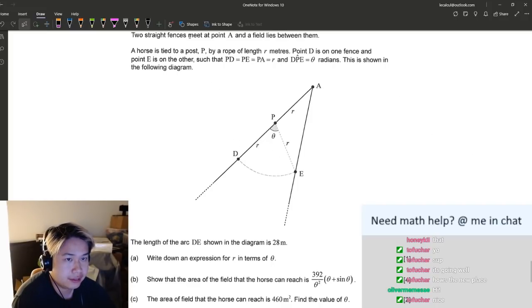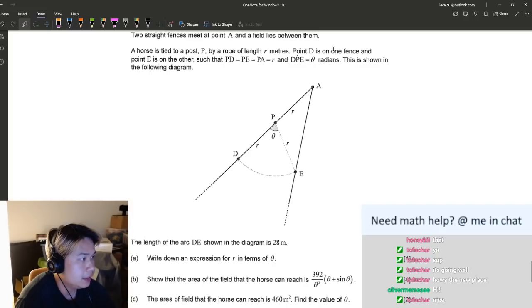Two straight fences meet at point A. And then there's going to be a field in between them. I'm assuming that this area here is the field. A horse is tied to a post at P. When the rope has a length of r meters.